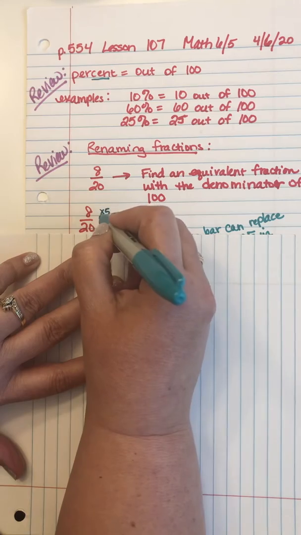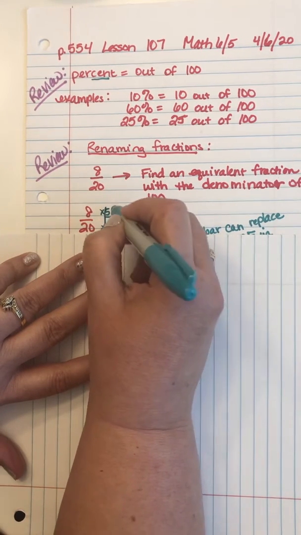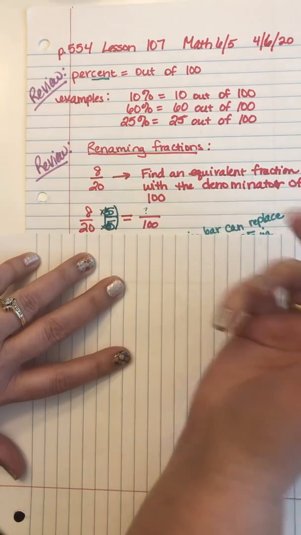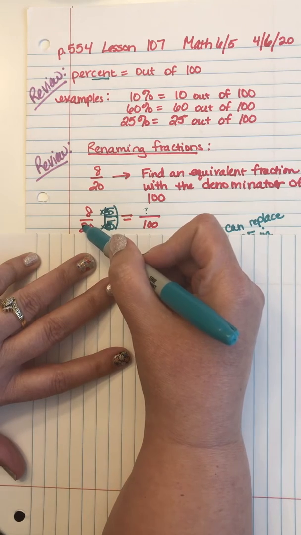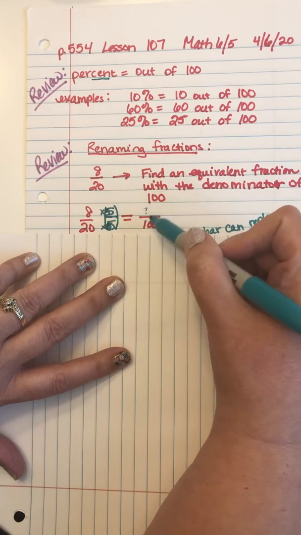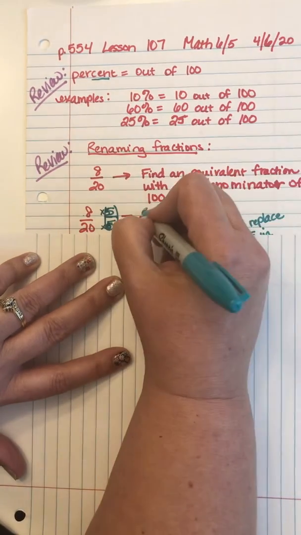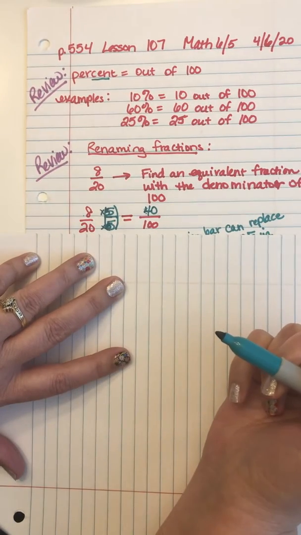Remember, 5 over 5 equals 1, so it's like we're multiplying by 5 over 5. If you take any fraction or number and multiply it by 1, you get the same number, or an equal fraction in this case. So 8 times 5 is 40. So that is our equivalent fraction.